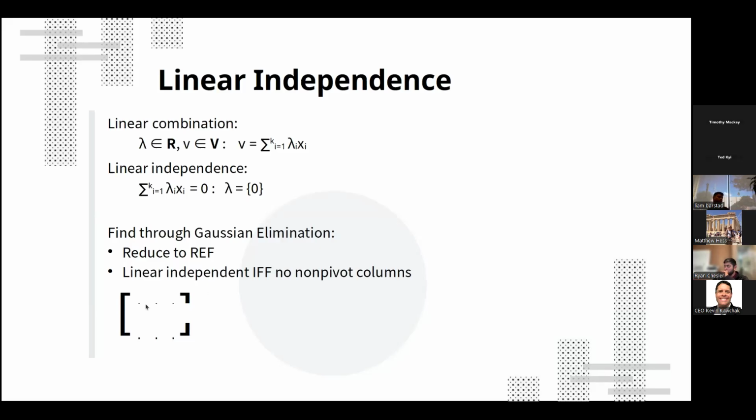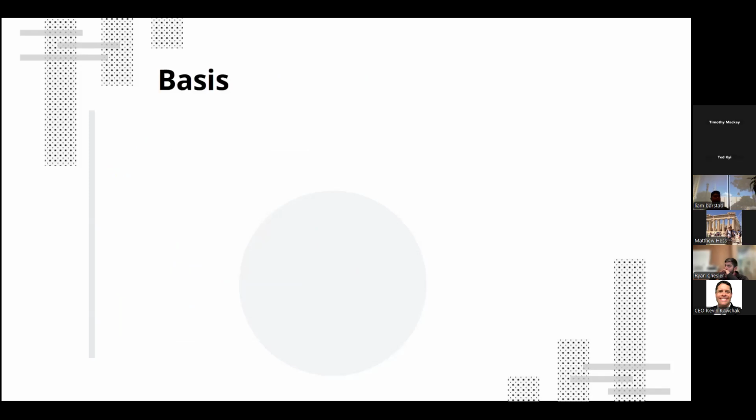Every non-pivot column you can think about as an extra degree of freedom, right? So if there are no non-pivot columns, then they aren't dependent on each other essentially. Linear independence leads us to this idea of basis, right?